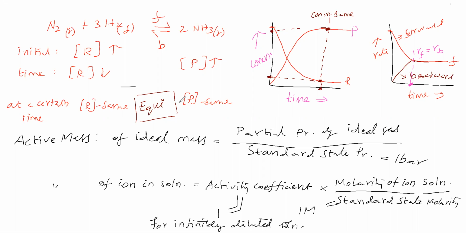How do we say that? For that, we will now see. Rate of forward reaction is directly proportional to concentration of reactant to the power x. Rate of backward reaction is directly proportional to concentration of product to the power y.